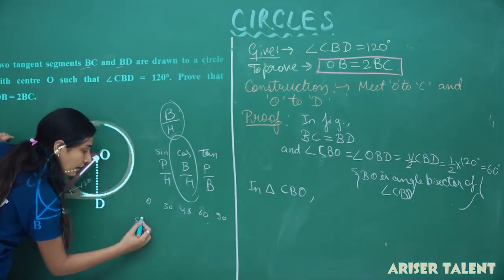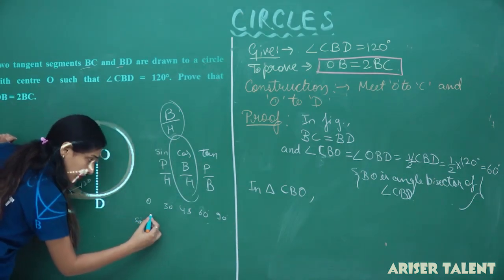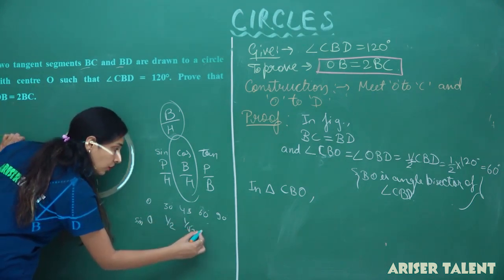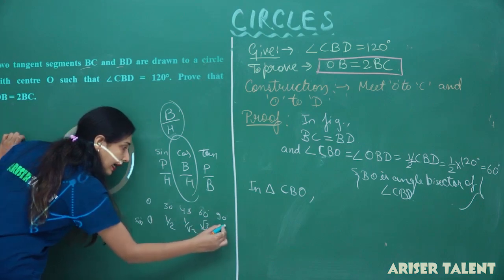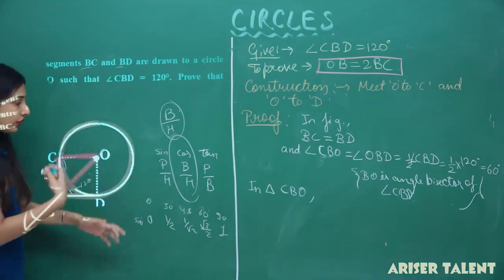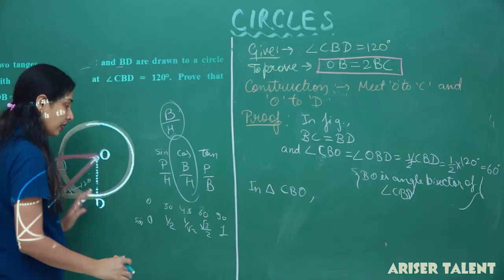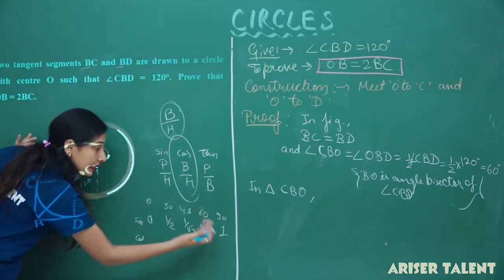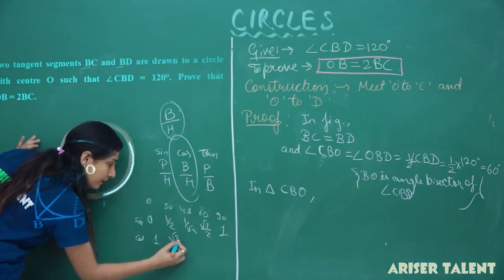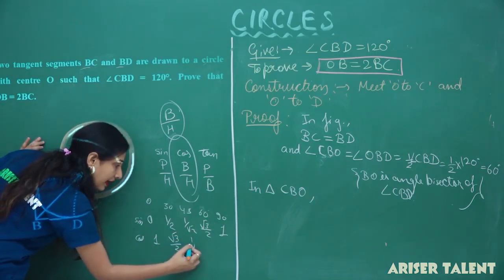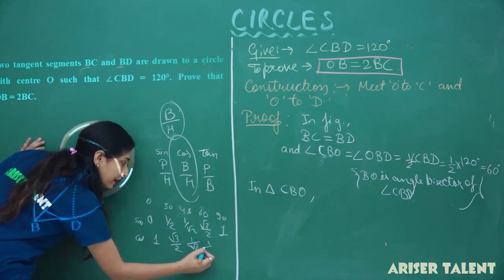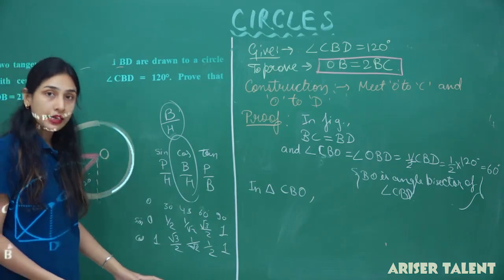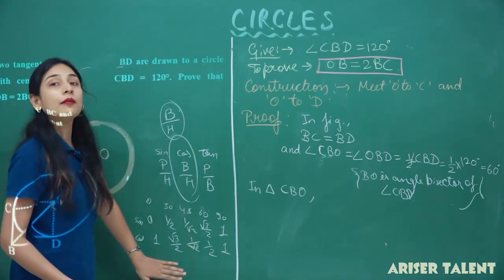For sine, I was having 0, 1 by 2, 1 by root 2, root 3 by 2 and 1. I am recalling this, we have discussed it earlier, right? We have learned this table. So, for cos, these values will be reversed. So, that will be 1, root 3 by 2, 1 by root 2, 1 by 2, 0. And if you are not able to recall it, just watch that lecture again and be clear about these values.